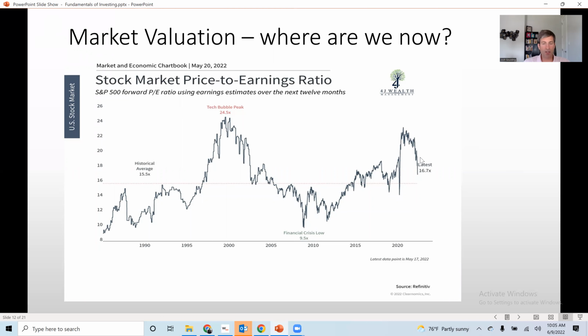So it just goes to show you that the market moves on a pendulum. When it's going to the upside, it oftentimes swings too far to the upside, and on the downside, it can swing too far to the downside. It's just the nature of how the markets work.